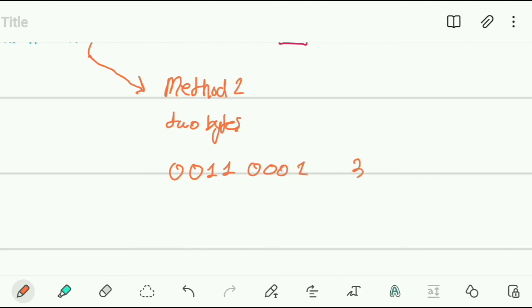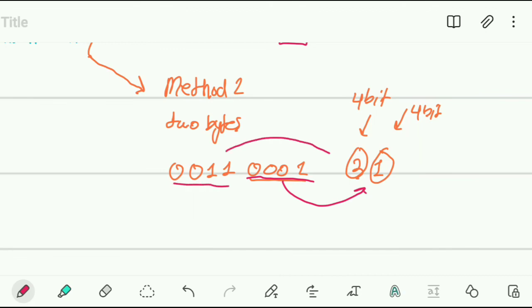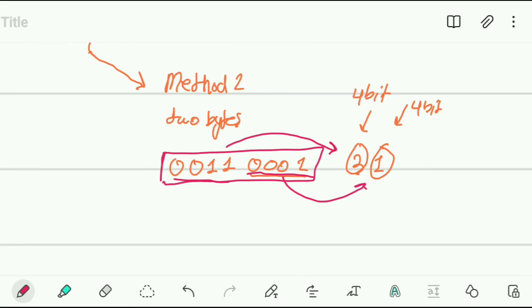Let's say I'm representing 31, then each digit will be represented in a nibble, 4 bits for 3 and 4 bits for 1. Instead of using 8 bits for the number 31 as a whole, we are separating it, using 4 bits to represent each digit separately. So this is representing 3, this is representing 1, stored as a whole in 8 bits, in a byte.